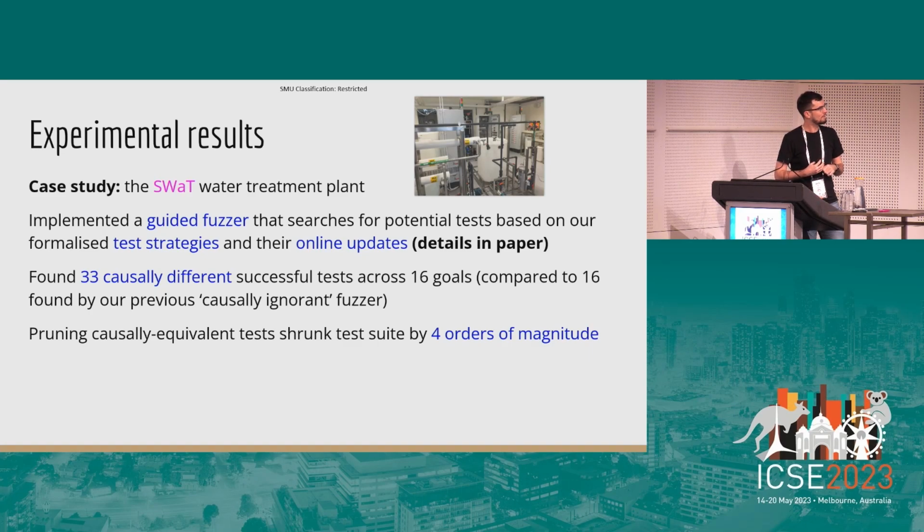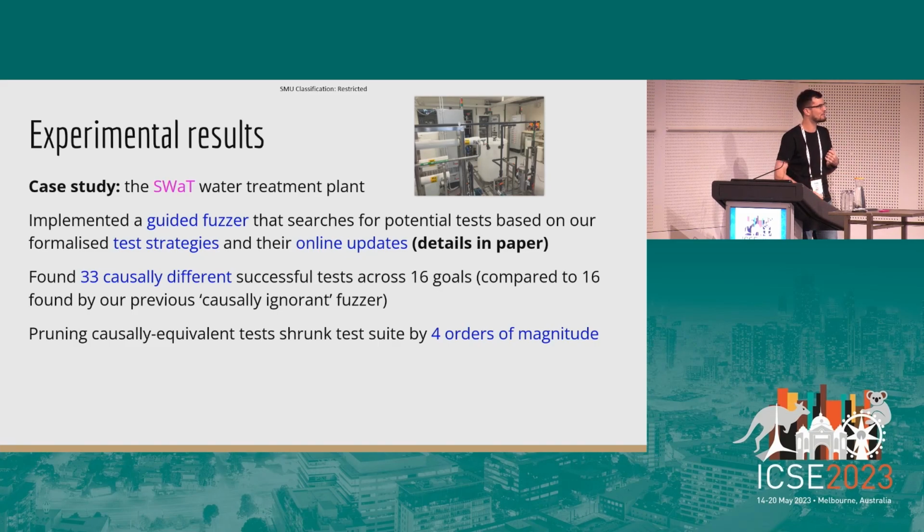And what we found is that across the 16 goals that we targeted in this previous work, by having some causal awareness on top of this algorithm, we were able to essentially double the number of causally different tests that could be found. And I can emphasize that this approach can find thousands of tests, but many of them are succeeding for the same reason.